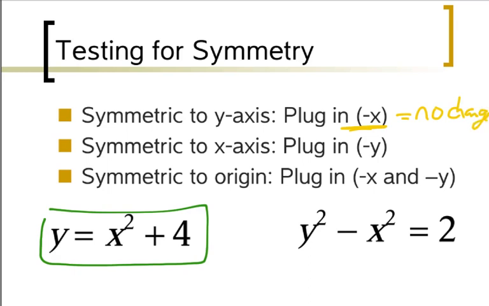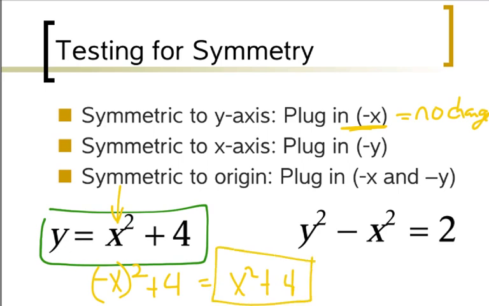Okay, so right here, plug in a negative. If I put in a negative x in for x and squared it, well, what would happen if you square something? It turns positive. So this would turn back into x squared plus 4. So because there was no change to my equation, this one checks off as having symmetry to the y-axis.